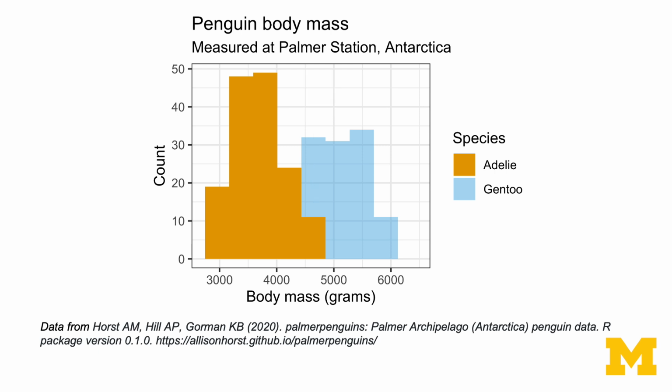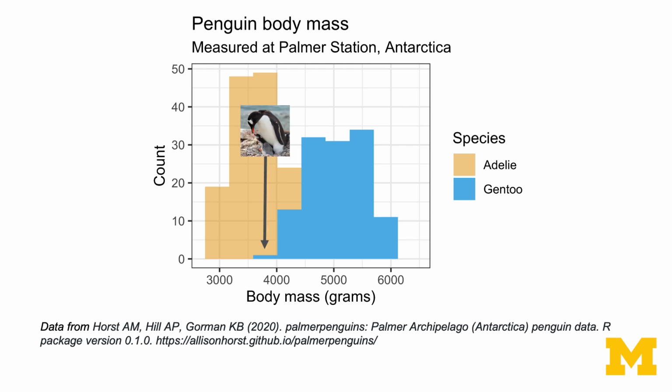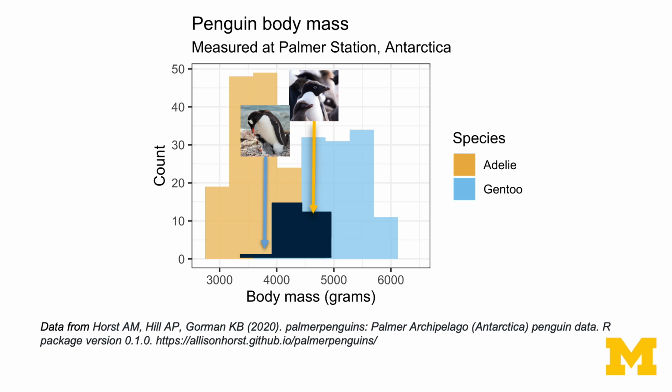And let's look at the smallest Gentoo penguin. So if we look at their data distribution, where's the tiniest penguin? Right about there. This one's a little less than 4,000 grams. So when we see them on the same picture, we can be sure that there are indeed some Adelie penguins that are bigger than some Gentoo penguins, even though Gentoo penguins are on average larger.